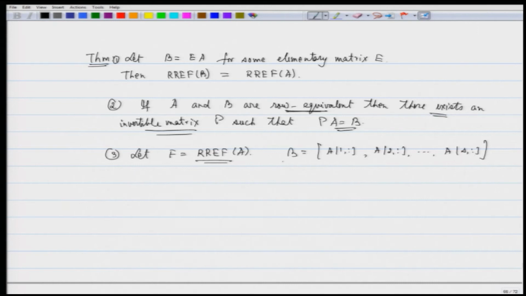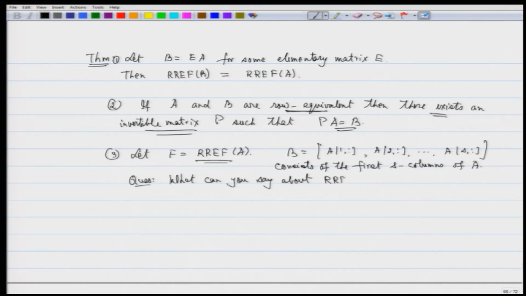So, B consists of the first S columns of A. The question is, what can you say about RREF of B?